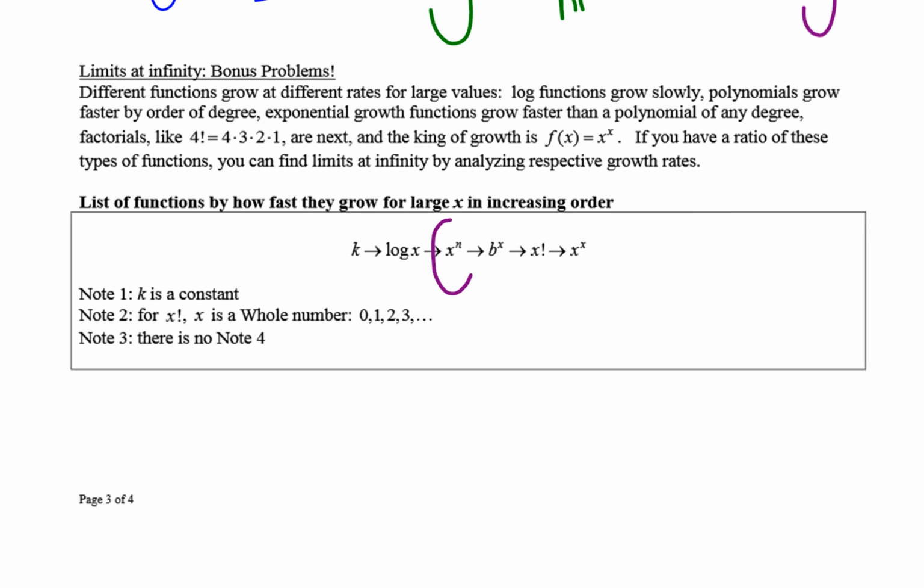Then polynomial, then exponential. Then factorial, which multiplies anything before it. And then we have the king of growth here, x to the x. So if you remember how fast they grow, we can compare the problems.